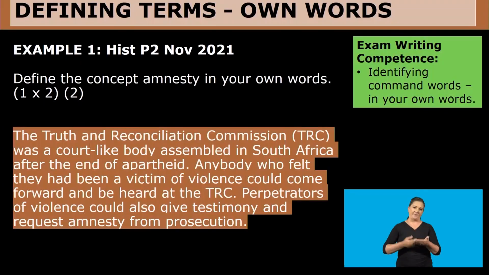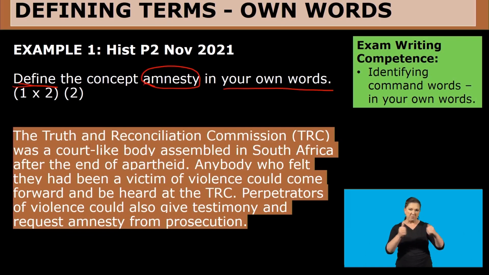Now, let's look at an example from a past paper. It says, define, so you're giving a definition, define the concept amnesty. And it says here, in your own words. Now, if you read the source, it says, the Truth and Reconciliation Commission, TRC, was a court-like body assembled in South Africa after the end of apartheid.